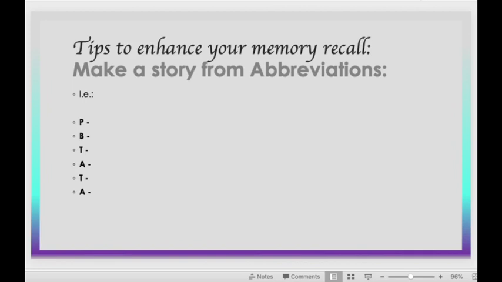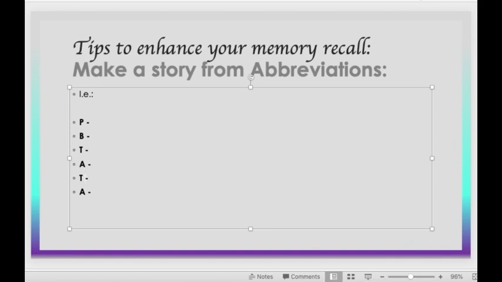Since you already know that we have tax, budgeting, procurement, accounting, auditing, treasury, I put the abbreviations here. P is for procurement just now, right? B is for budgeting. T is for taxation. A is for auditing and accounting, while another T is for treasury.